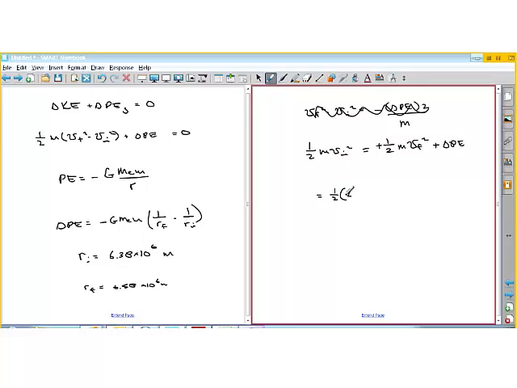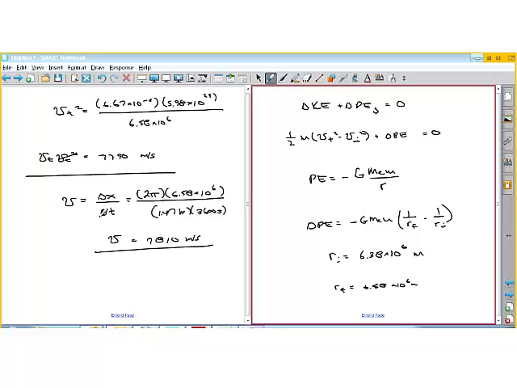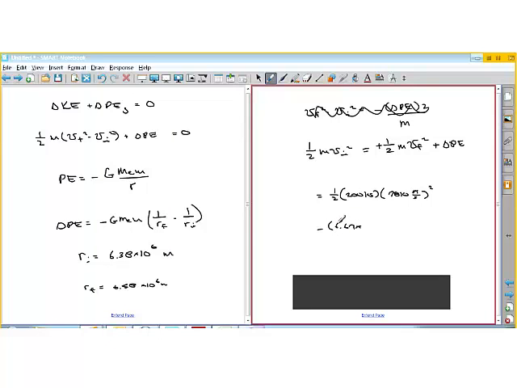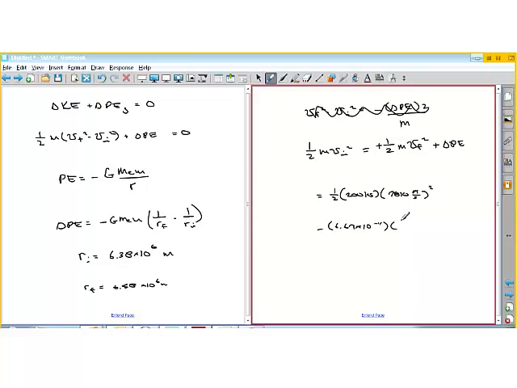The mass of the object is 200 kilograms times the final velocity squared, and the velocity was 7,810 meters per second, plus the change of potential energy, which is going to be negative G, which is 6.67 times 10 to the minus 11th, times the mass of the Earth, which is 5.98 times 10 to the 24th, times the mass of the object, which is 200 kilograms.